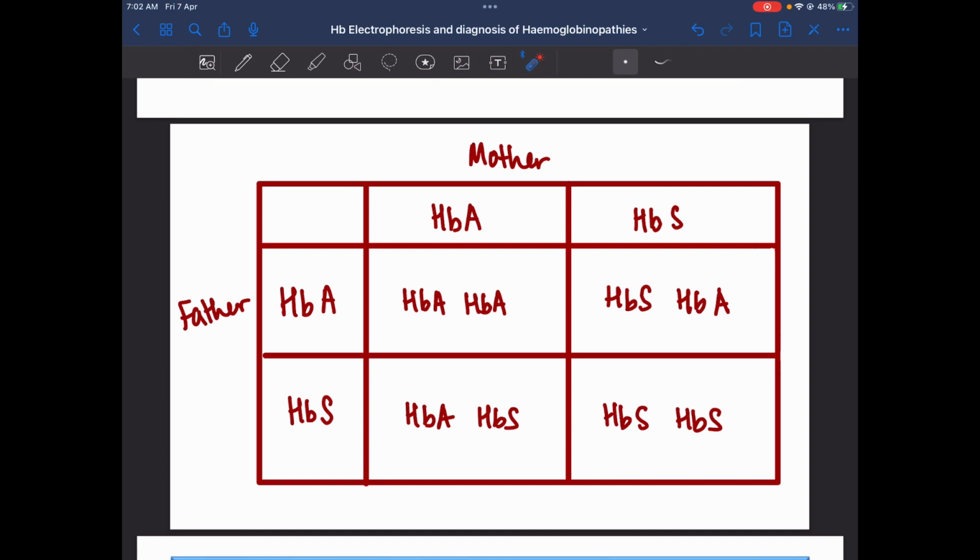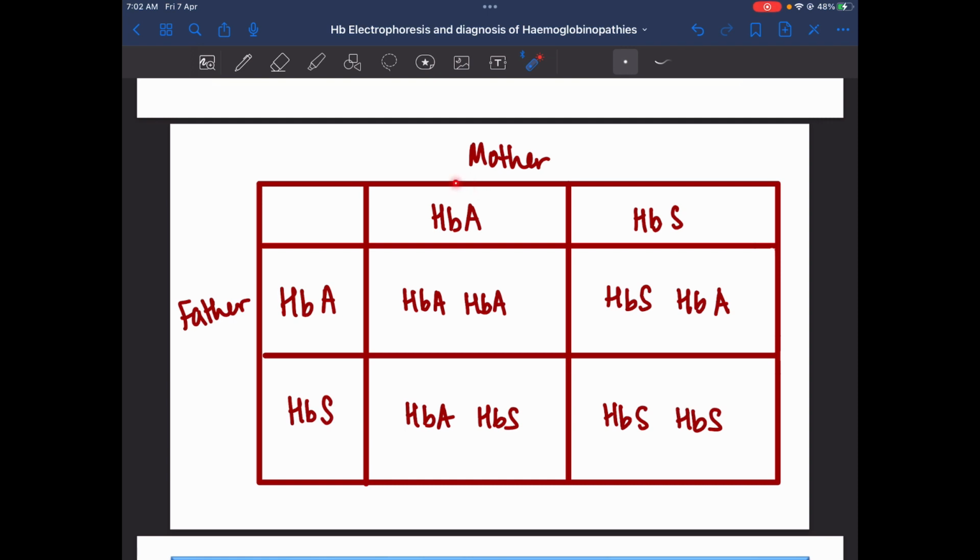Now, if these two individuals were to get together and have a child, what are the odds of them producing a completely normal, healthy child, or a child who is a carrier, or a child who actually has sickle cell disease? We can look at it in this table.